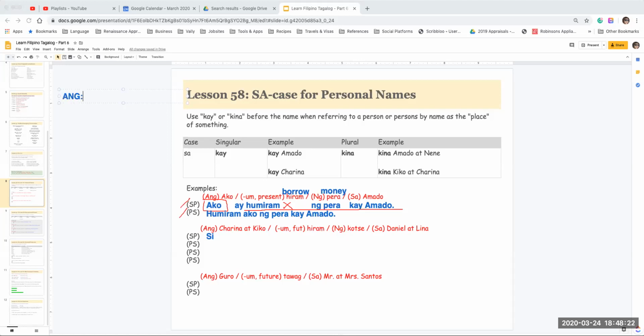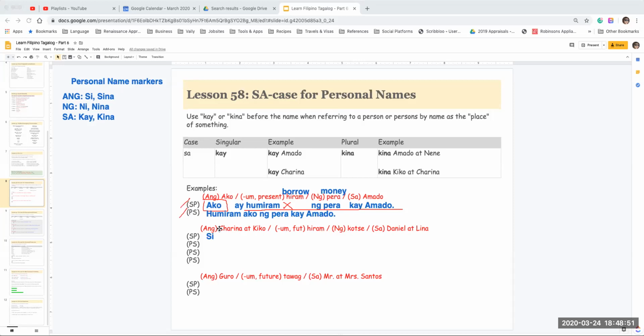Ang case, personal name marker is si and sina. Nang case, ni and nina. Sa case is kay and kina. Okay, those are our personal name markers.